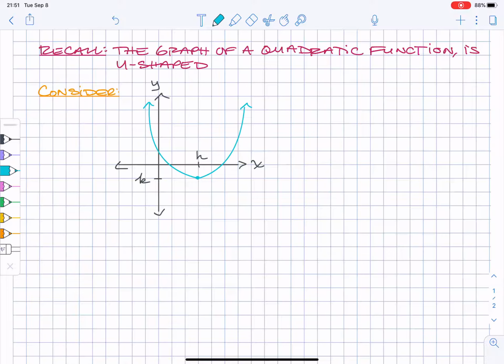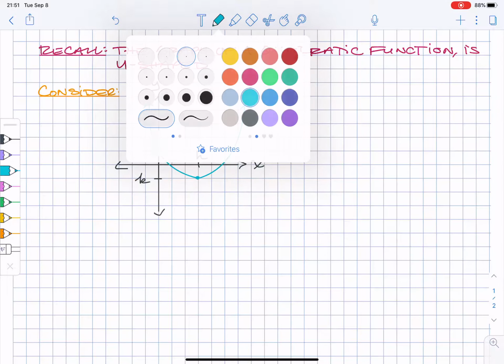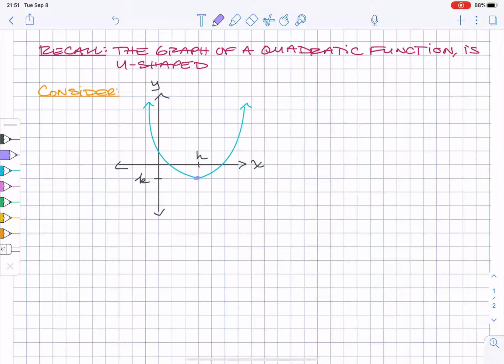Okay, so notice that it has a minimum in this case, and the coordinate is h for x and k for y.